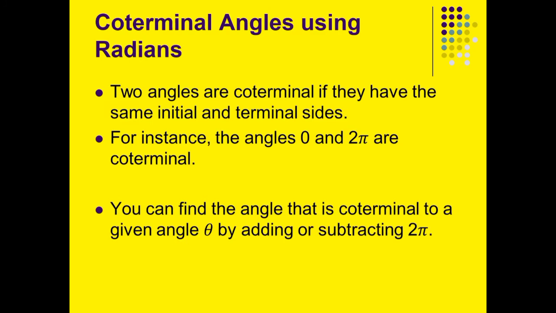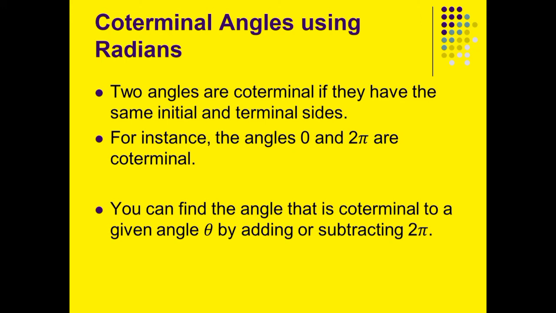Okay. Coterminal angles using radians. Two angles are coterminal if they have the same initial and terminal side. As I discussed previously, we need to understand the concept of initial and terminal sides, because it caters to the concept of coterminal angles.